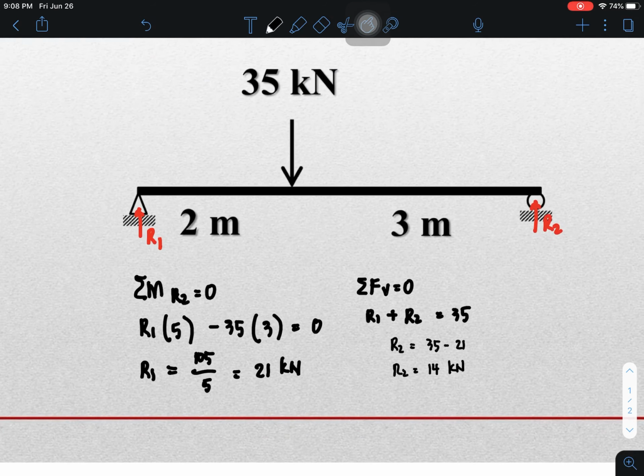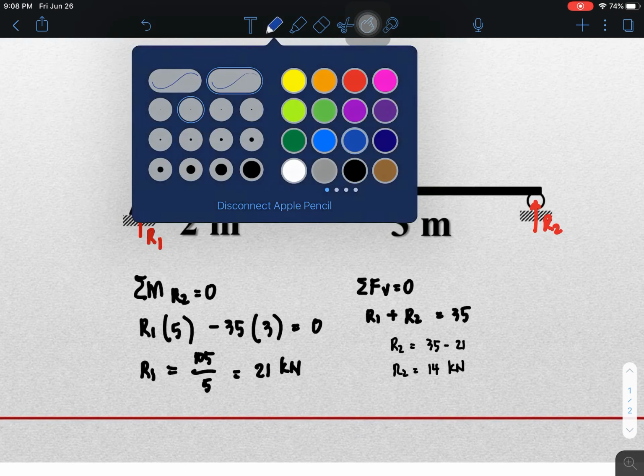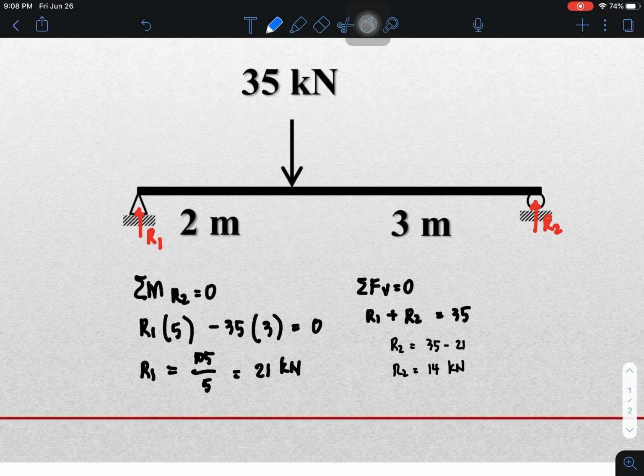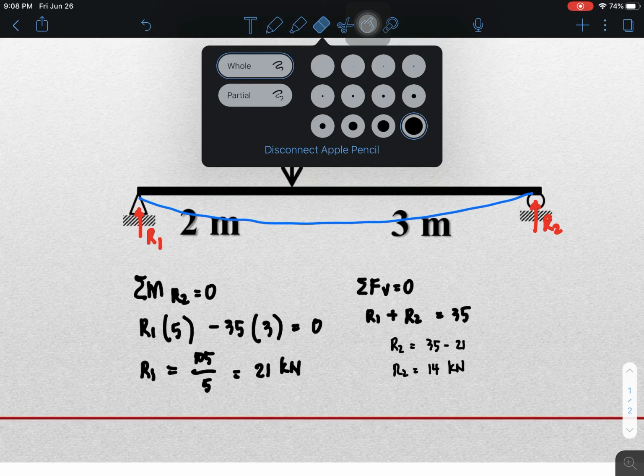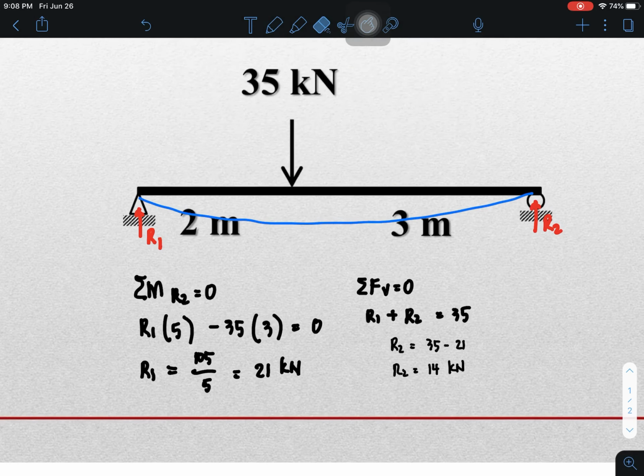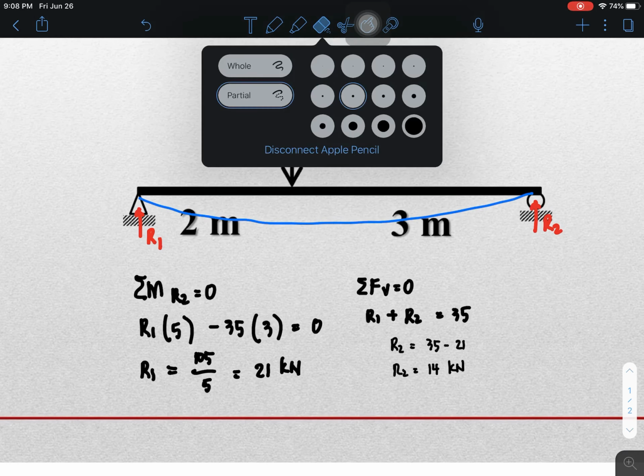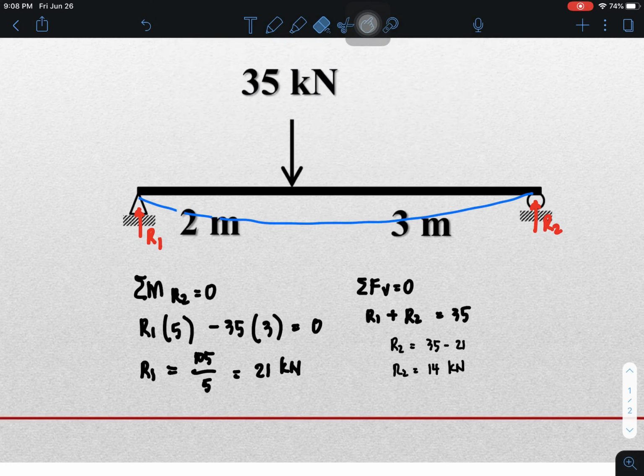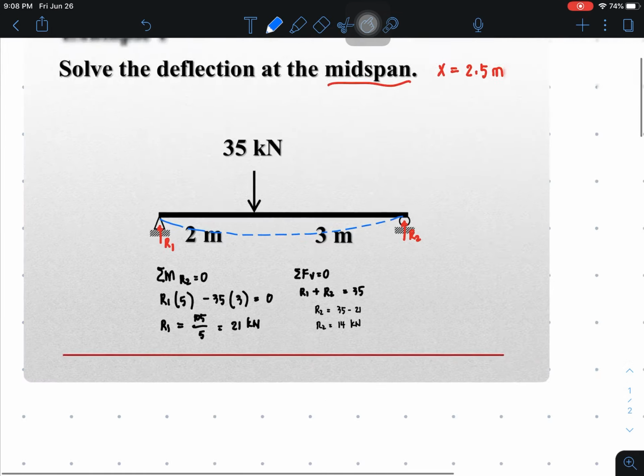So let us describe the deflection of the beam whenever the load is applied. Somehow, this is the kind of deflection. I'll exaggerate it, and I'll draw it as a broken line. And then, where is the midspan?